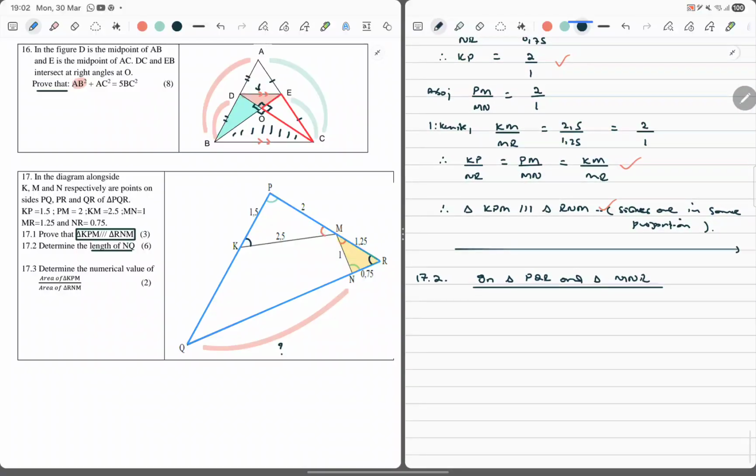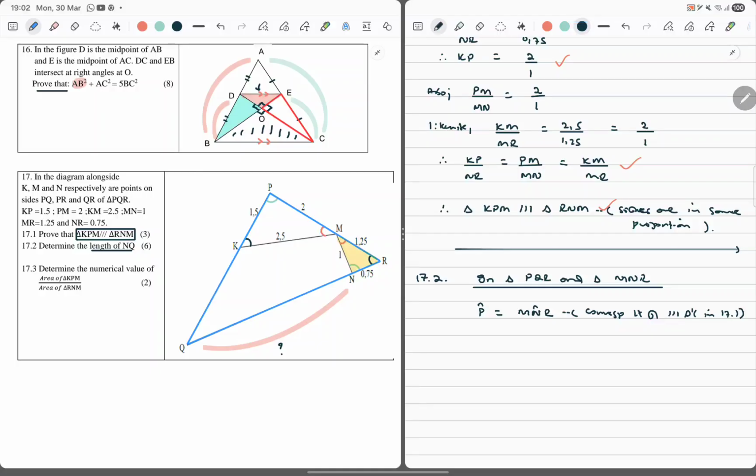What do we know? We know that angle P is equal to angle MNR. Now these are the corresponding angles of similar triangles in 17.1.